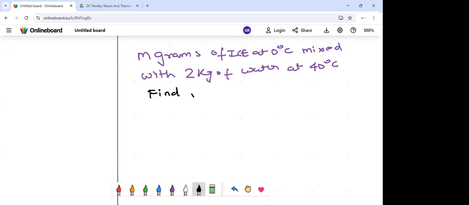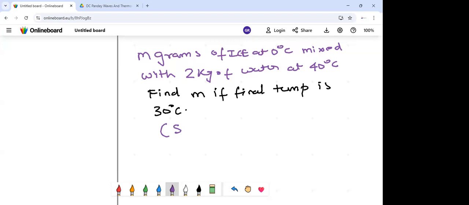Find m if the final temperature is 30 degrees Celsius. Specific heat of water, you can take as 1 calorie per gram degree Celsius. Latent heat of fusion, you can take as 80 calorie per gram. Please try out this question.